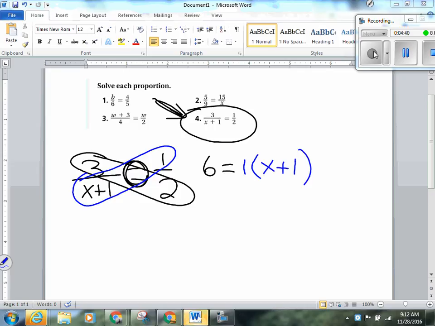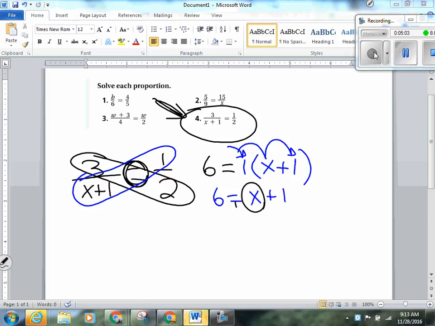Because this is a 1, I really didn't have to write that there. It's invisible. So I could rewrite this as 6 equals x plus 1. Because 1 times x is x. 1 times 1 is 1. So I don't have to multiply it. I can just rewrite it without the 1 being there.